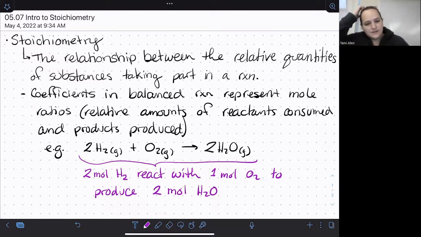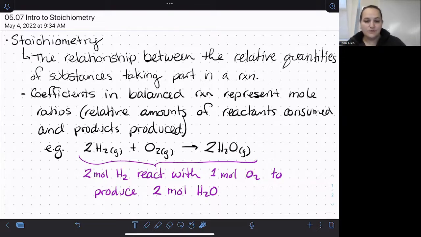So what this reaction is telling us is that for every 2 moles of hydrogen that react, 1 mole of oxygen must react. So for every 2 moles of hydrogen that react, 2 moles of water will be produced.